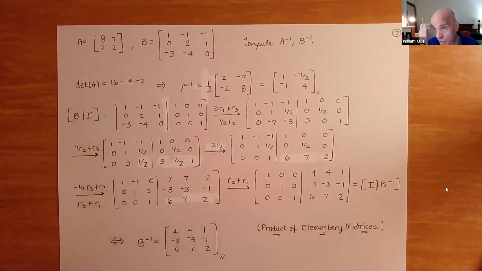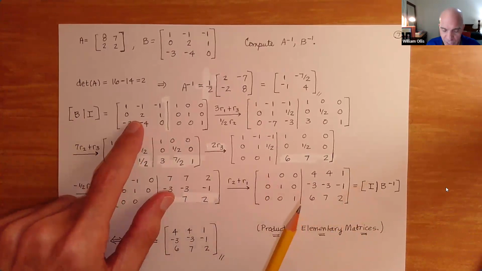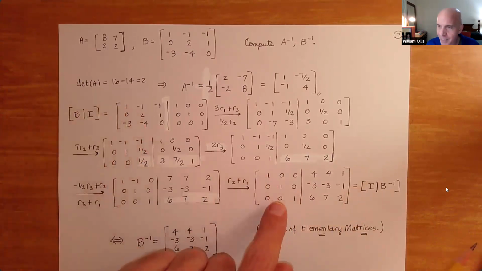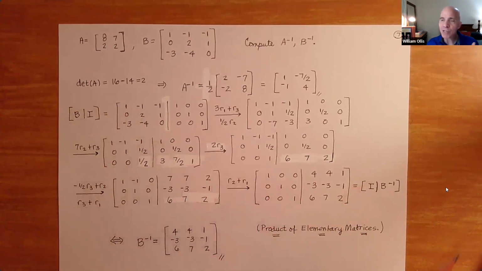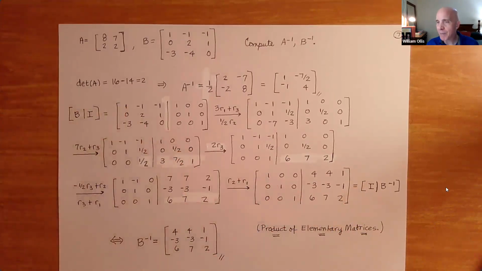So what we want to do, and this is the reason this actually works at all, we want to apply the Gauss-Jordan procedure here to convert the matrix B to the corresponding identity. But as we apply those elementary operations, we record them in the identity matrix.